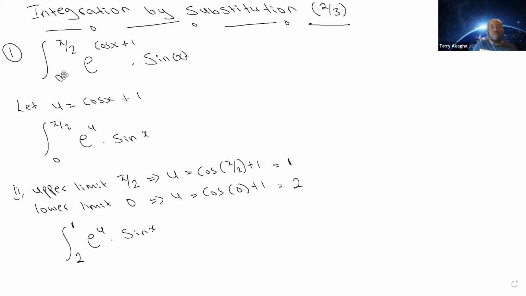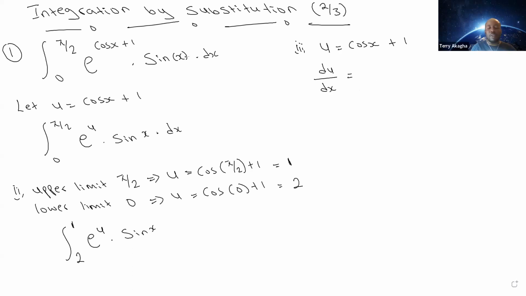Now the next step, like I told you, is to rewrite what you're integrating with respect to. In this case here, it's u, and we substitute. So we know u is equal to cos x plus 1, and this is dx. Oh, sorry, I forgot to write it. So now du over dx: in the previous video, I showed you from sine to cosine, minus sine, and minus cosine.